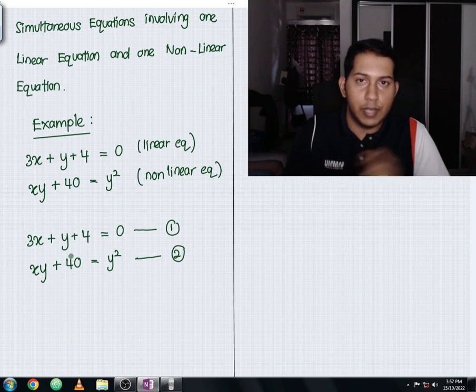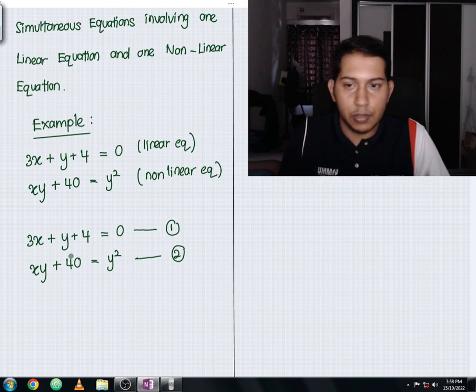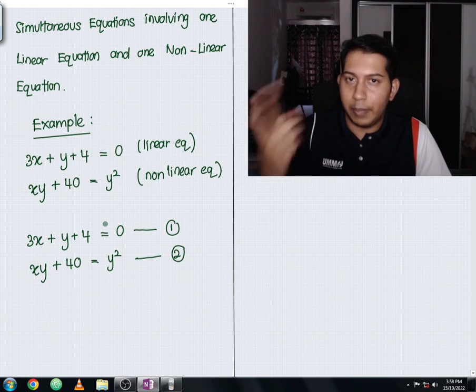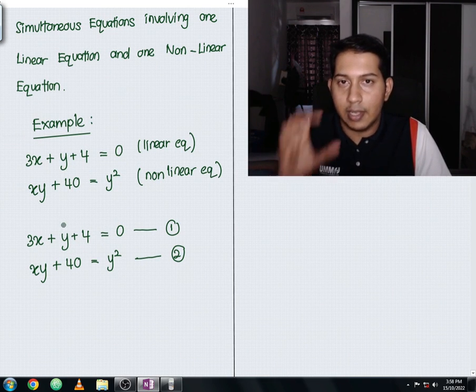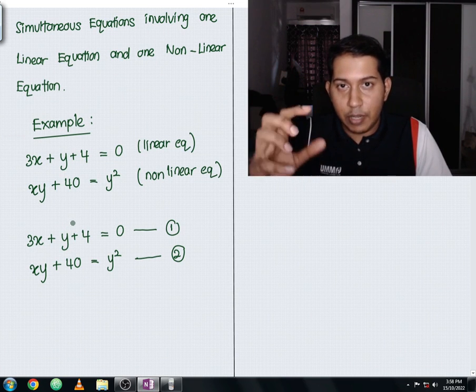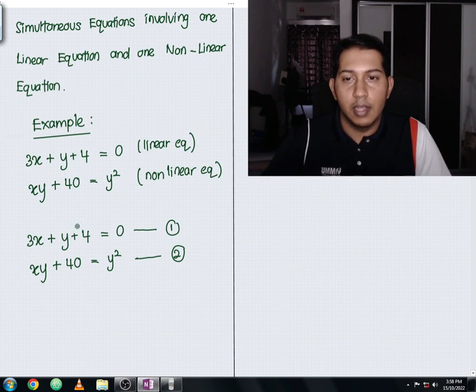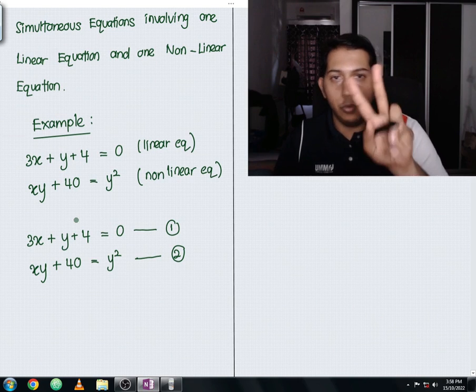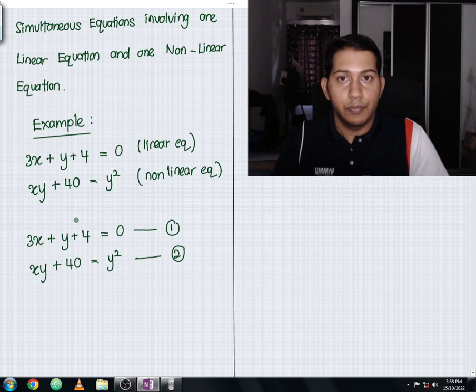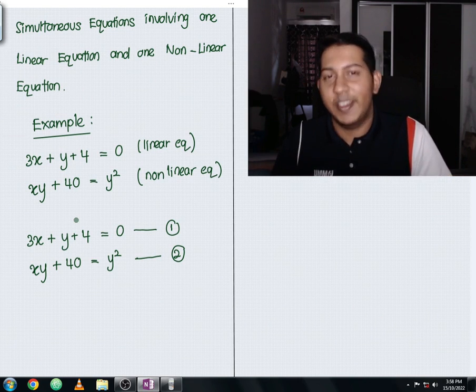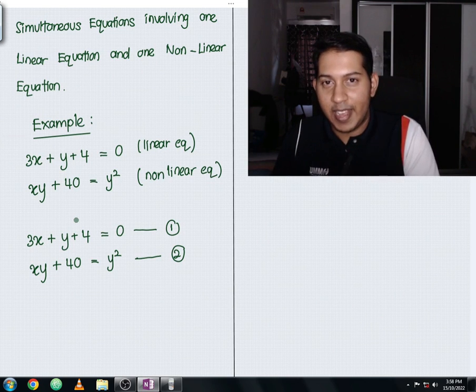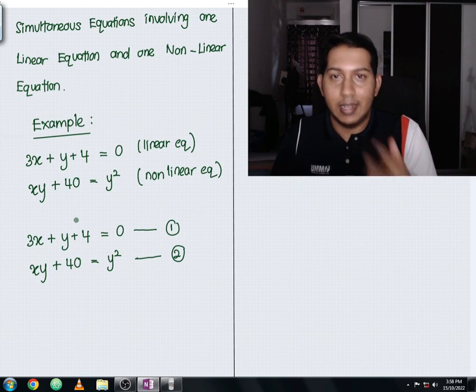How are we going to do that? We need to use one particular equation and let a specific variable be the subject, and then substitute into another equation in order to reduce from two variables into one variable.